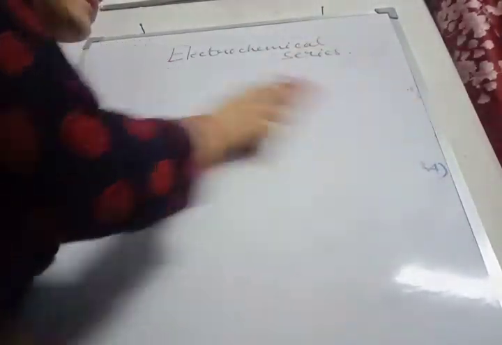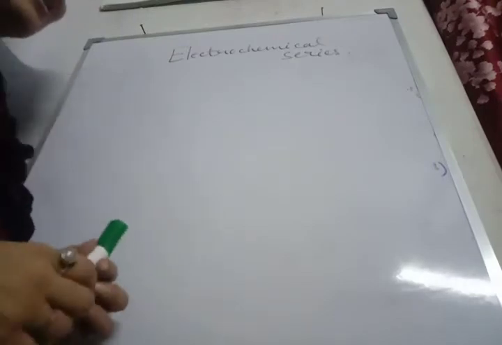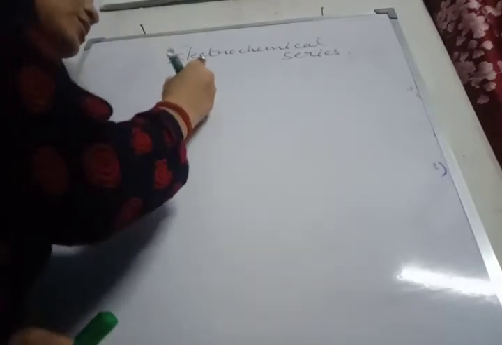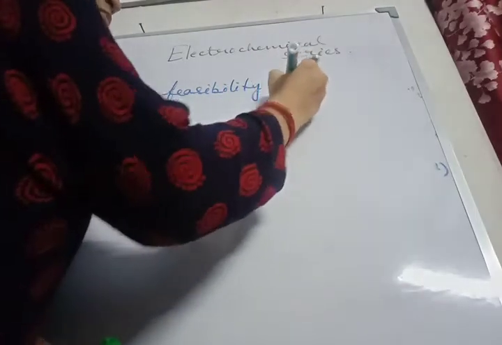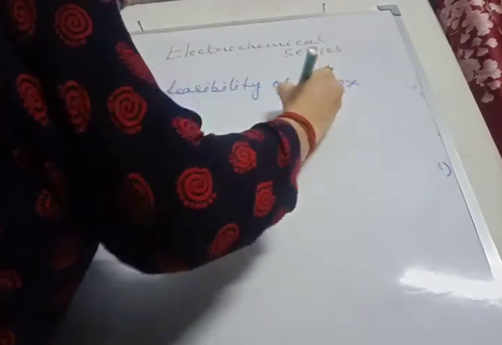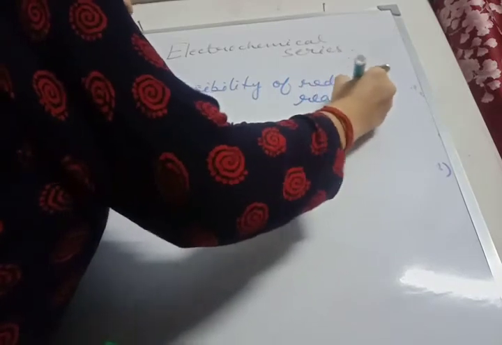Right? Next we have feasibility of a redox reaction. Feasibility means basically whether the reaction will occur or not. That we can understand from the E0 cell value of the redox reaction. Let us take an example, it is better to understand.